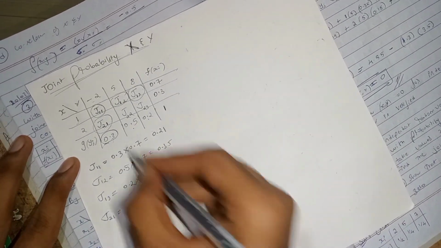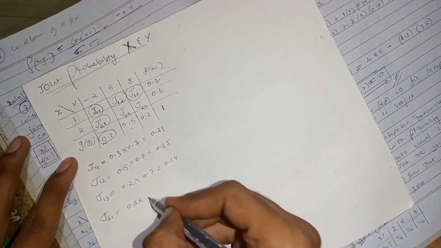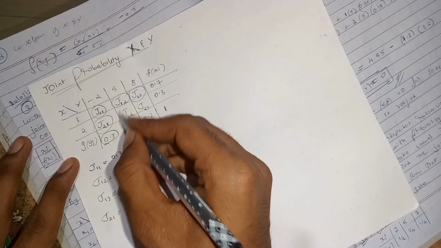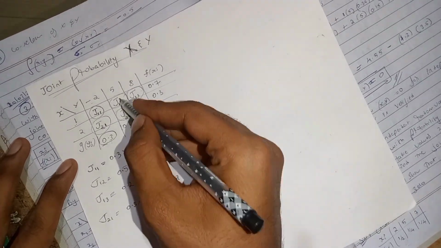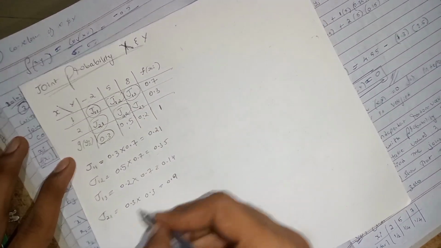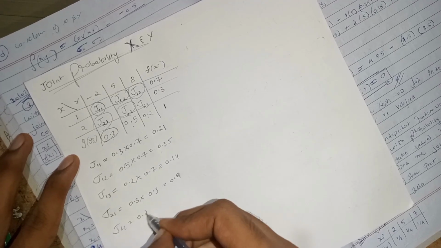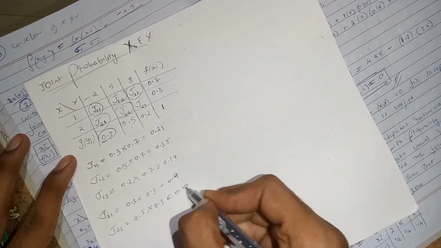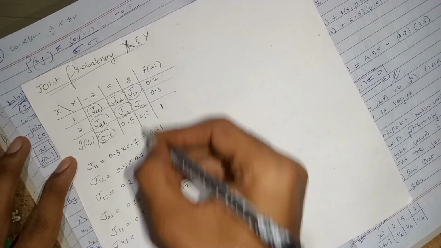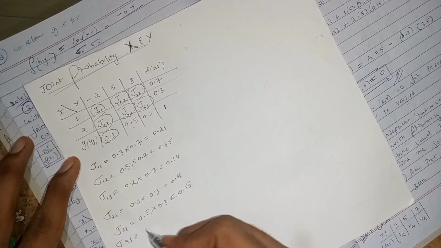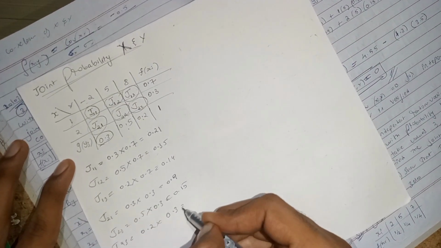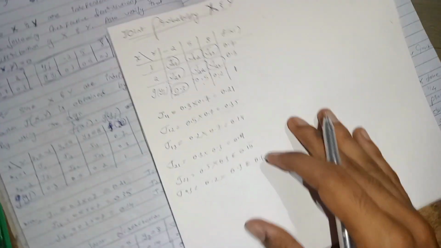Which row? 0.3. That gives 0.09. And j22: which column? 0.5, into which row? 0.3, giving 0.15. j23: which column? 0.2. Which row? 0.3, so that is 0.06.